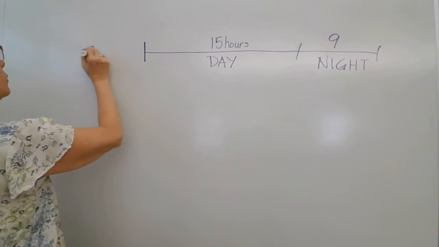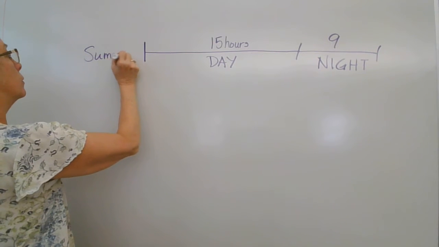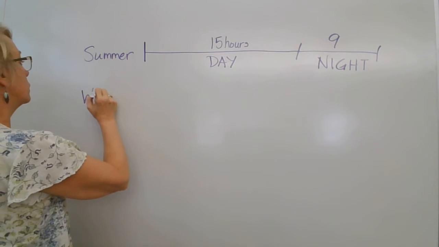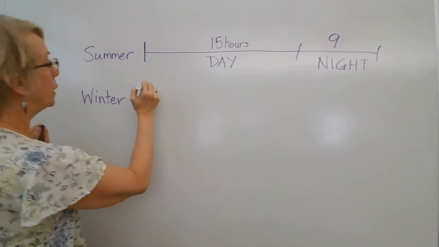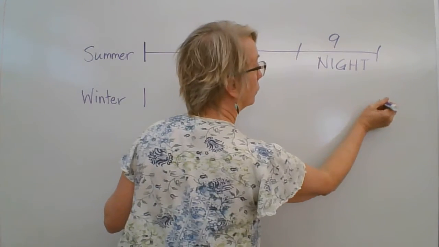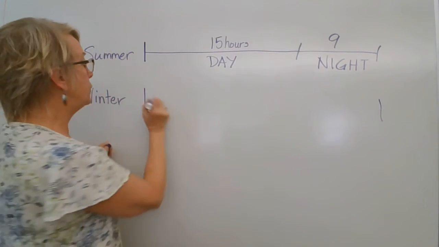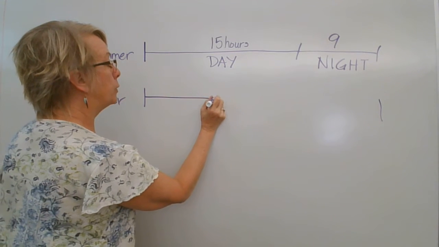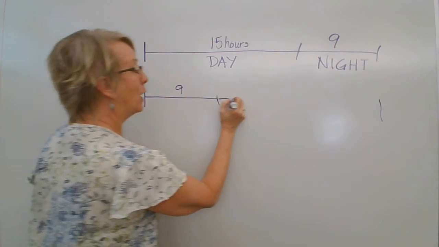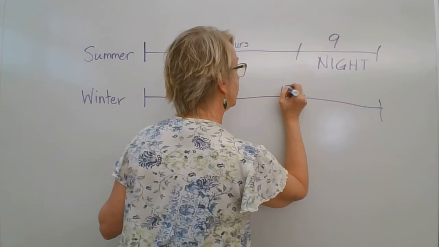So this is summer. In the winter, same 24 hours from here to here, but now the day is only about 9 hours, and the night is 15 hours.